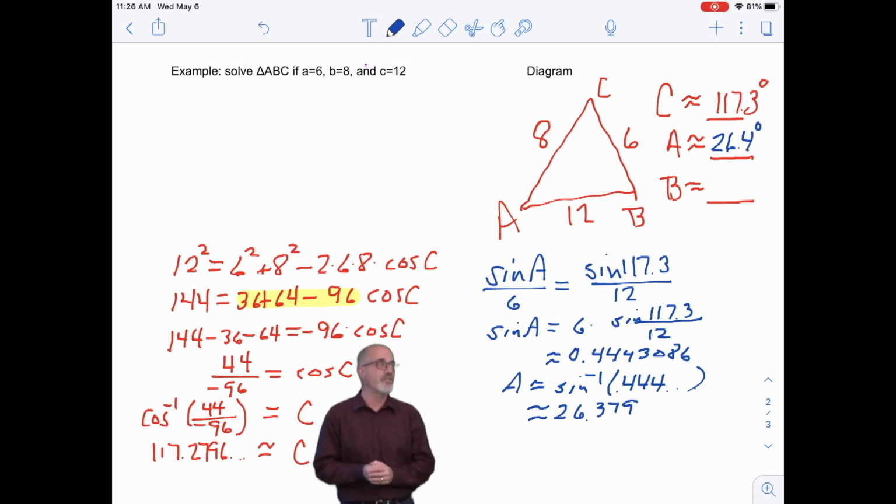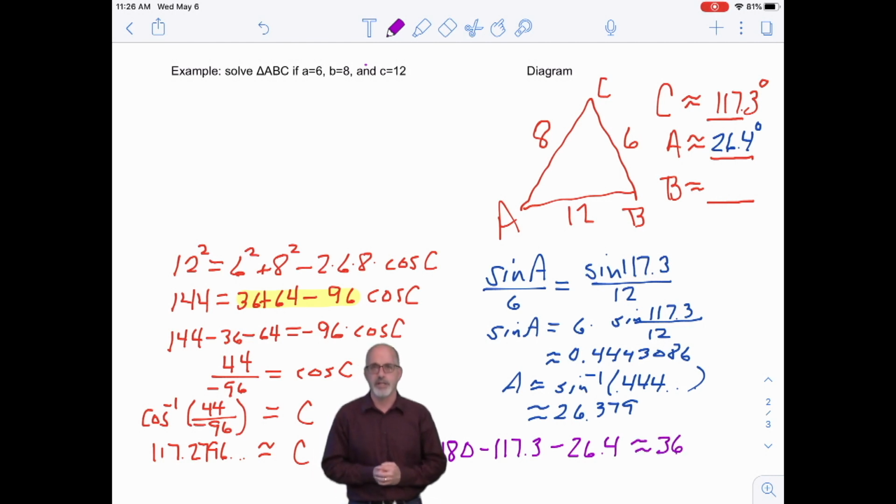Now all we have to do for that last angle of angle B is take 180 minus the angles we have, 117.3, minus also the 26.4, and then we'll get angle B, our last angle, so we've solved the whole triangle, of about 36.3 degrees. So solving the triangle using the law of cosines is when you have 3 sides or 2 sides and the included angle, and you use that to find the missing pieces of your triangle.